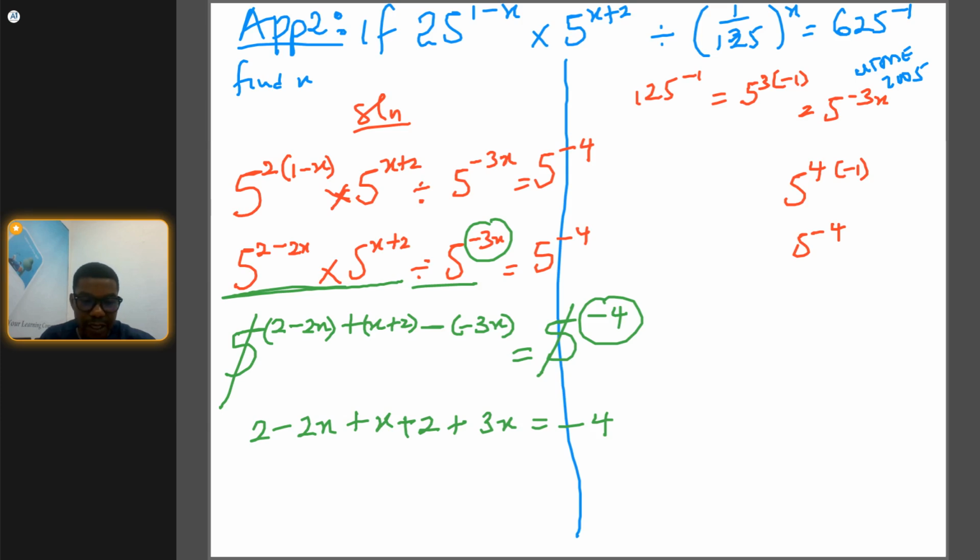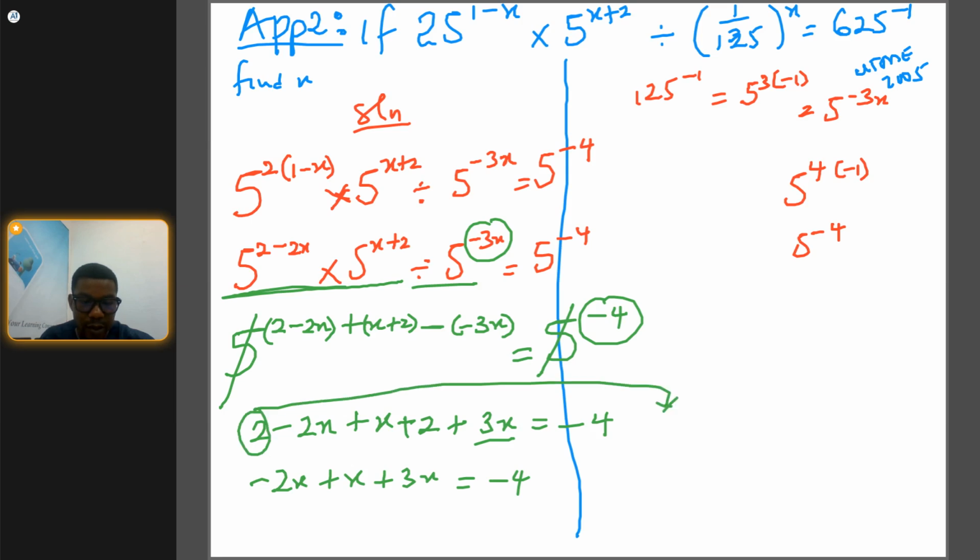Collection of like terms: let those expressions with x be at one side and others at the other side. So minus 2x plus x, then plus 3x, equals to minus 4 was here before. Taking this to this place, it was positive, it changed to minus 2.